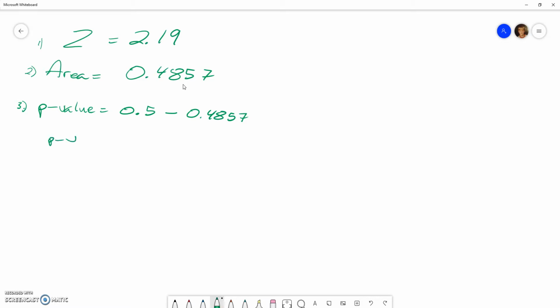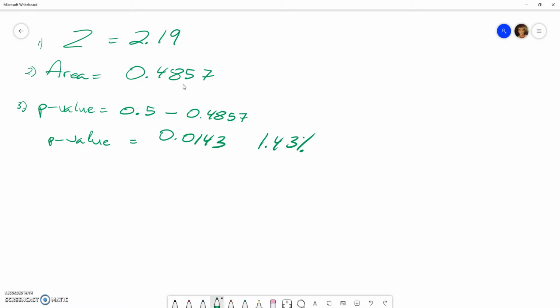So our p-value, relatively easy to calculate, turns out to be 0.0143, basically stating that there is a 1.43% chance of observing a difference between the sample data and the population data. This is a relatively small value.